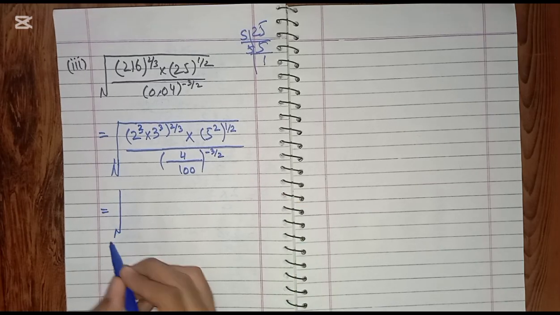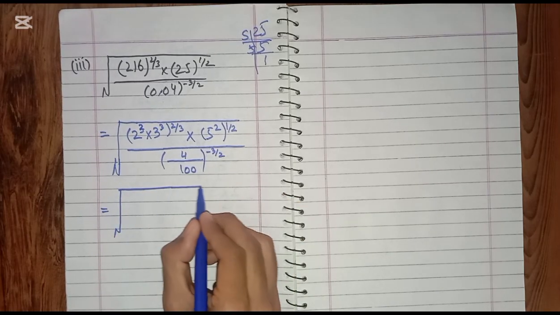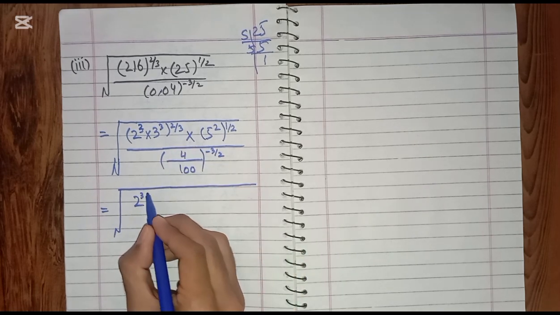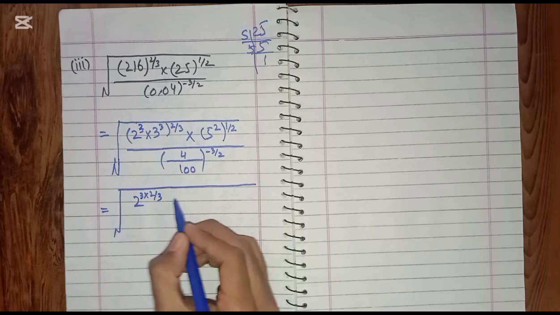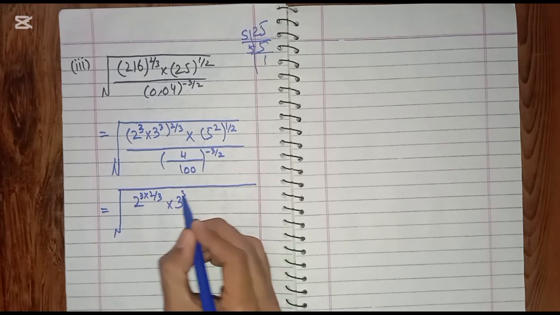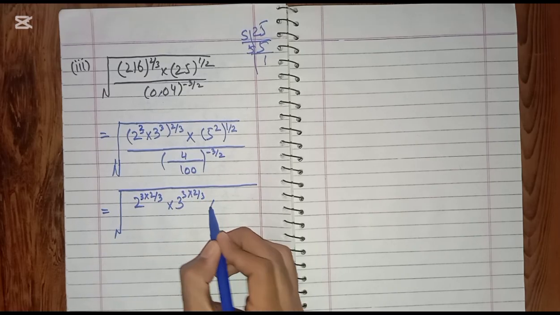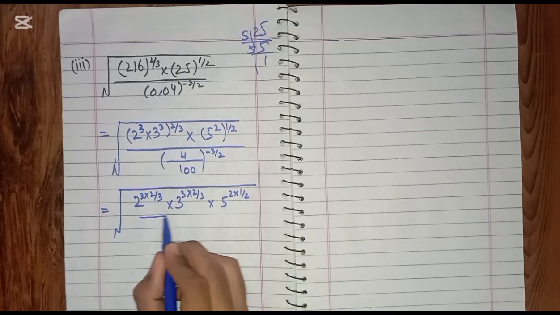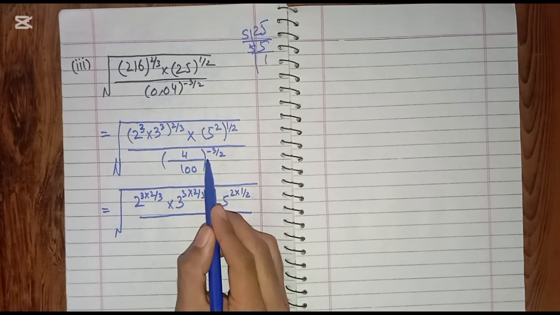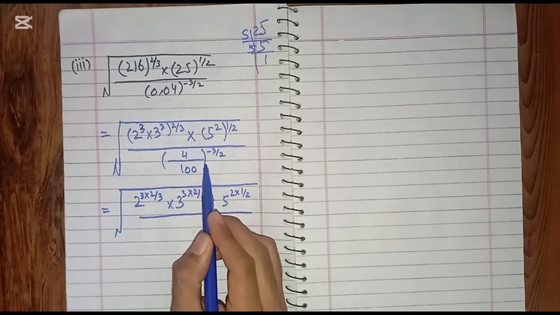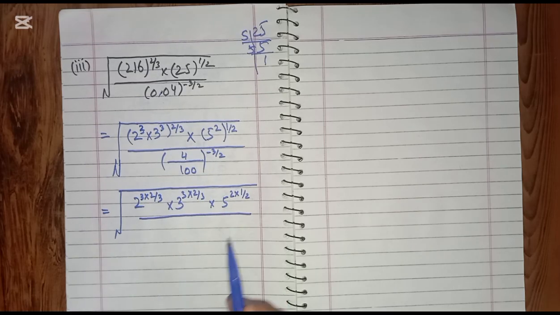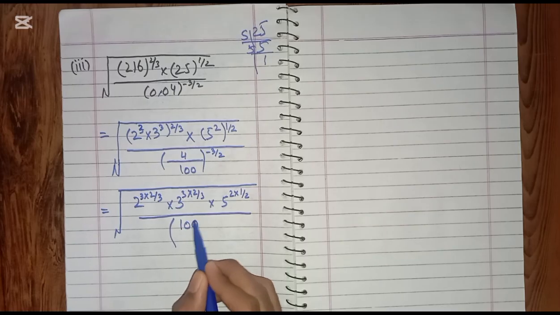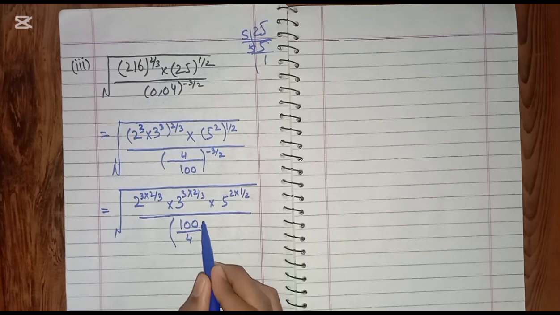If we simplify this question more, we multiply 2 by 3 with every power, and this 1 by 2 also multiplies. And we know that if the power has a negative sign, we can make it positive by taking the reciprocal. How do we take the reciprocal? We simply put the numerator in the denominator and the denominator in the numerator.